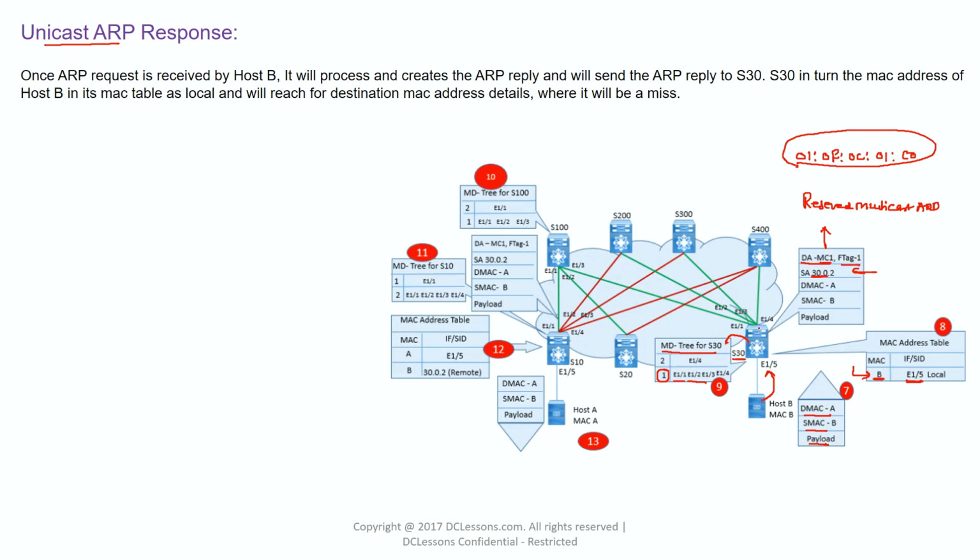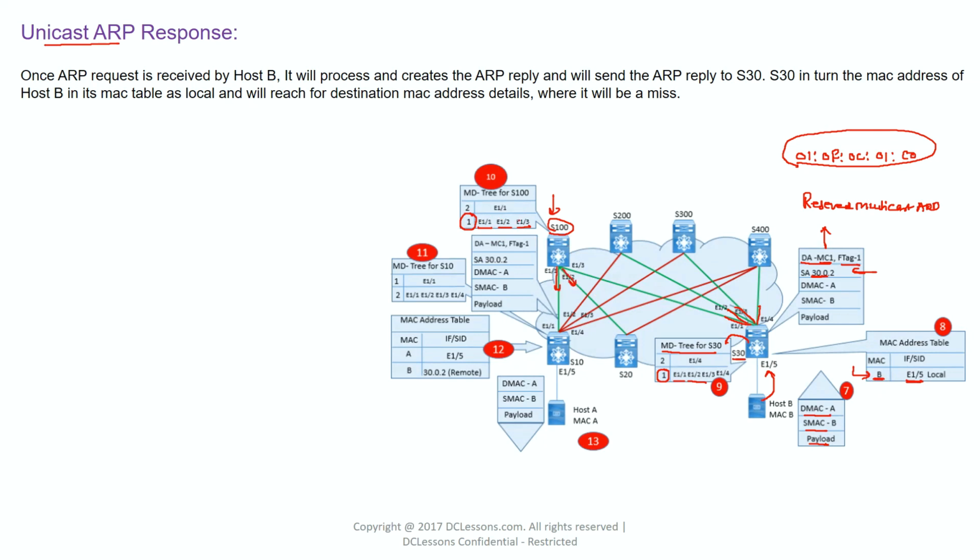Now this packet will be forwarded as per switch 30 tree 1 interfaces. It will be sent here, here, here, and here. Now once the packet reaches switch 100, because it is an unknown unicast packet, switch 100 will check its tree 1. It will check which interfaces are connected towards tree 1, and then forward it to these interfaces.